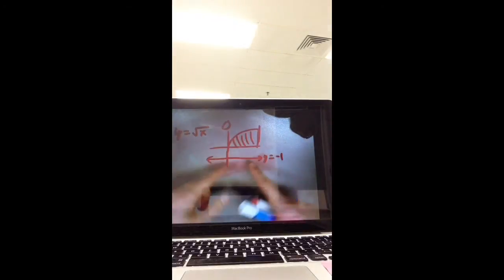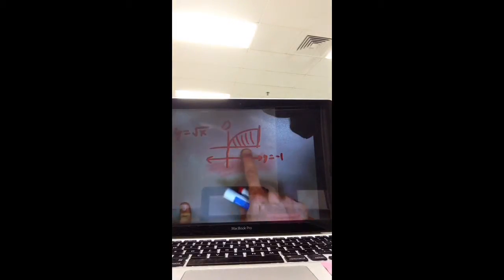When we rotate it about this line, even with this hollow part in here, you're still going to have a volume, but it's going to be actually a little bit larger than if you were just rotating it around the x-axis.